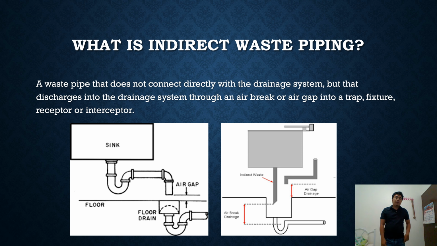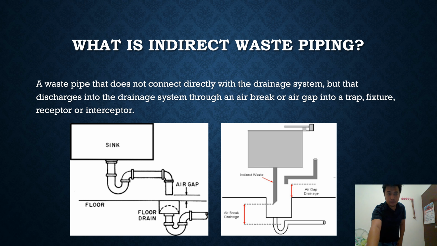A waste pipe that does not connect directly with the drainage system but discharges into the drainage system through an air break or air gap into a trap, fixture, receptor, or interceptor. I have some pictures about indirect waste piping.